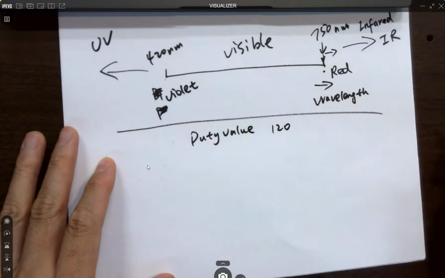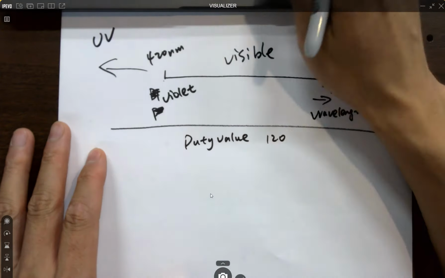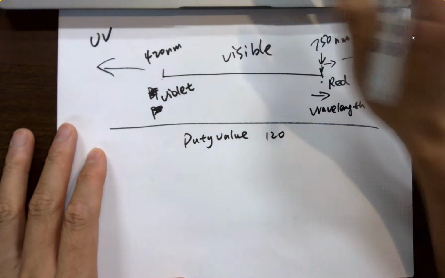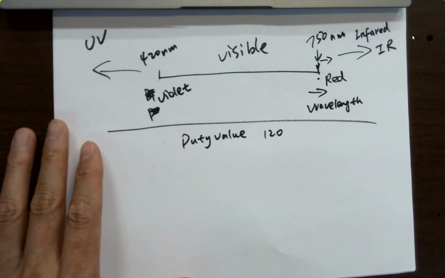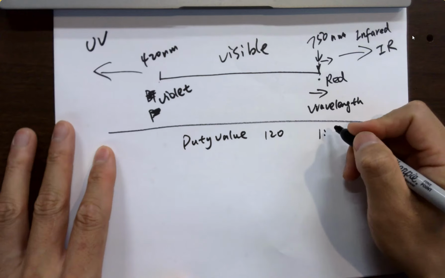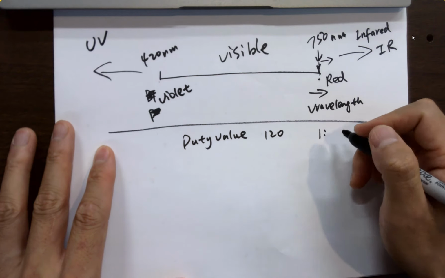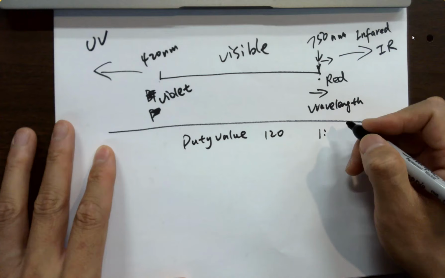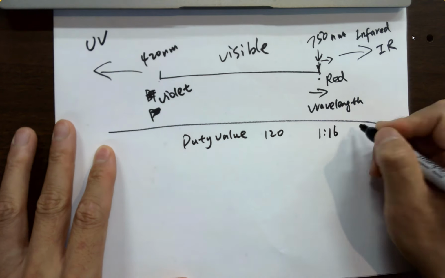120. It's a number of counts. Number of counts. And we are using that 1 to 16 for timer 2.